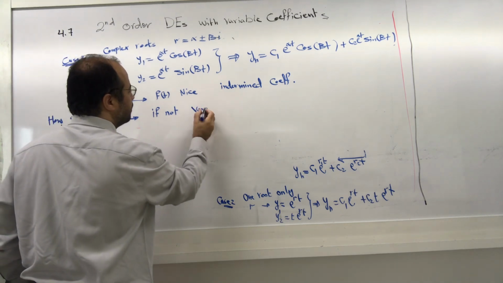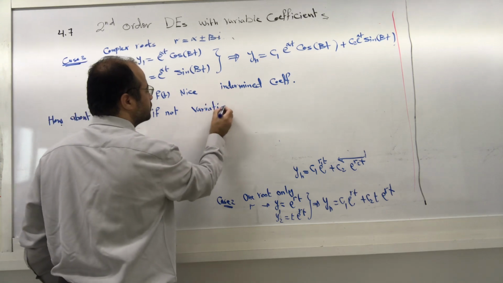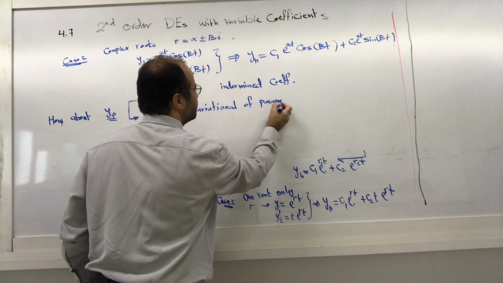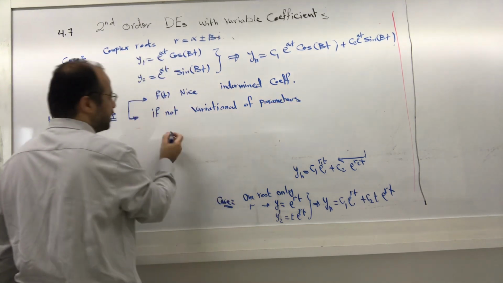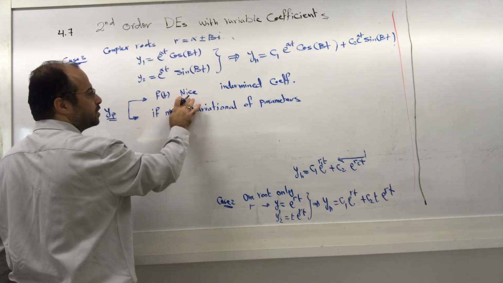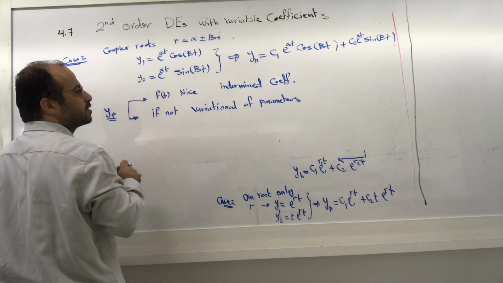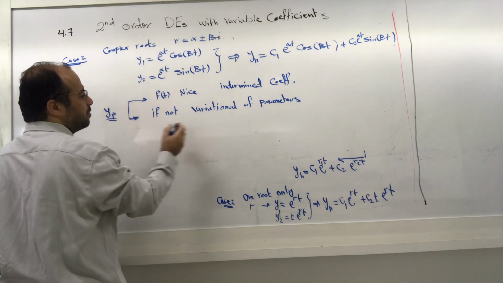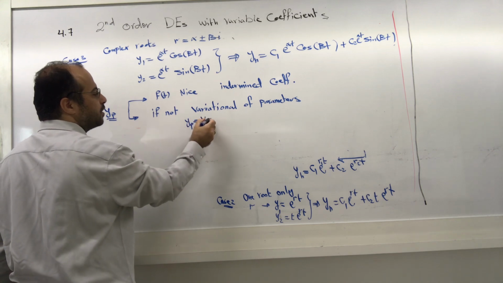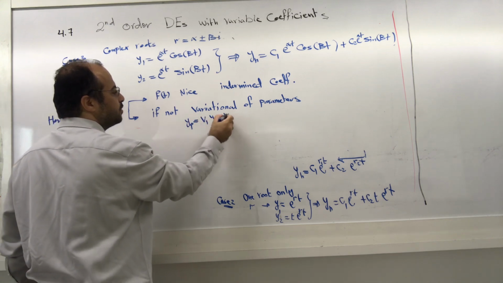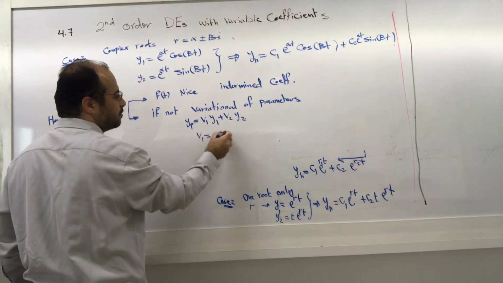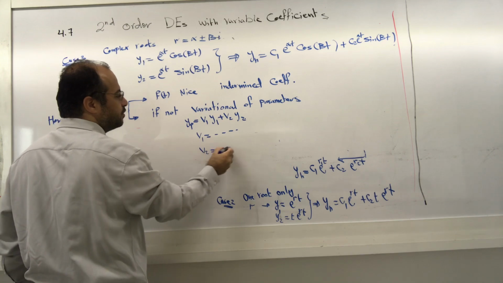In the variation of parameters method, y particular is just v1 y1 plus v2 y2, and there is a formula for v1, you know the formula, and there is a formula for v2.